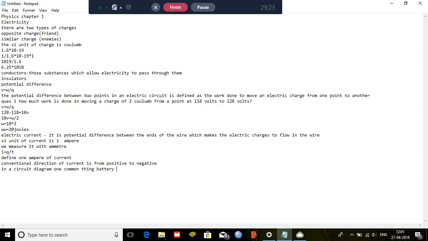When you learn these components, you will know what a switch looks like, what a bulb looks like, what a battery looks like. We actually need to connect these in a rectangle type of shape.